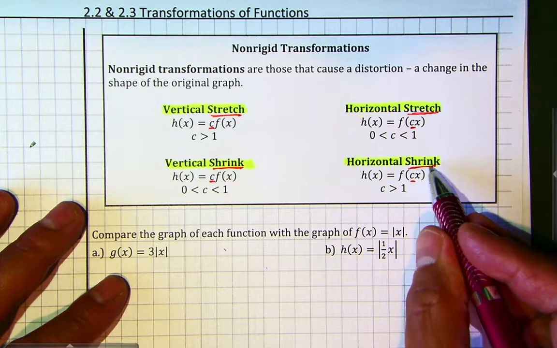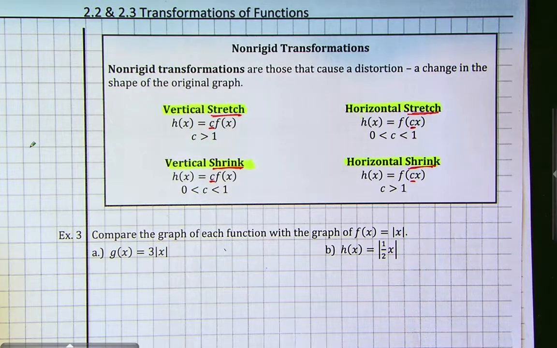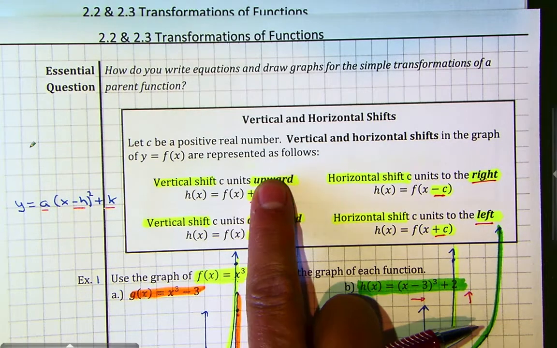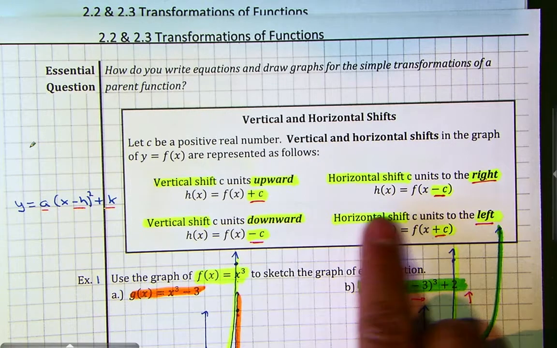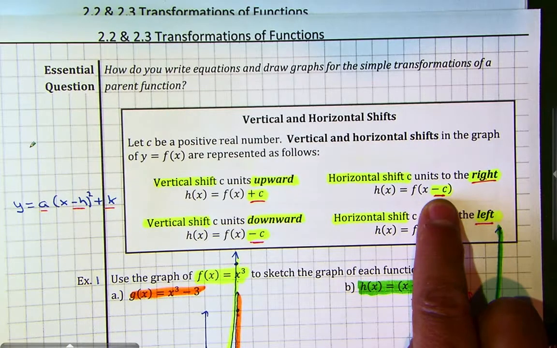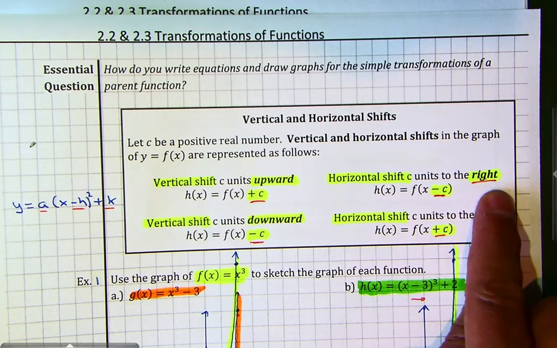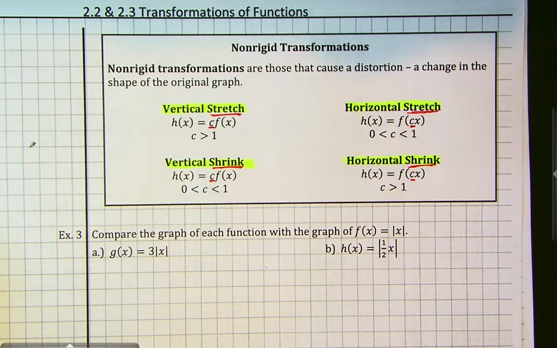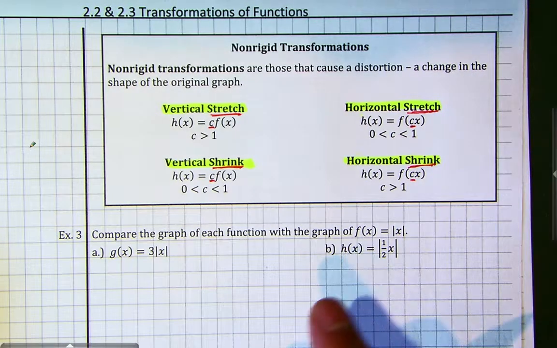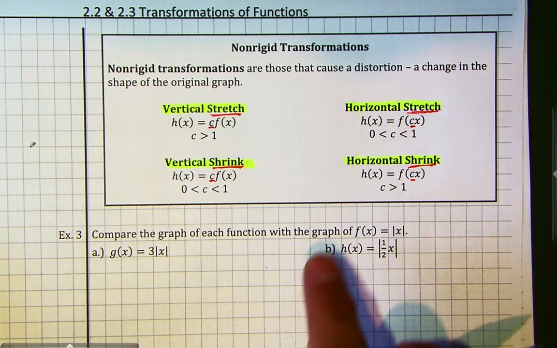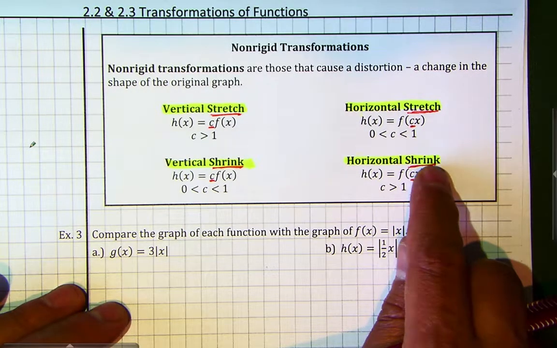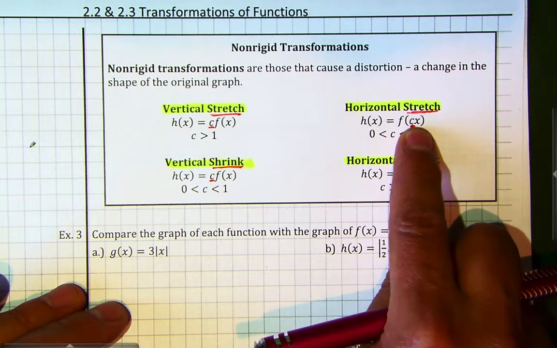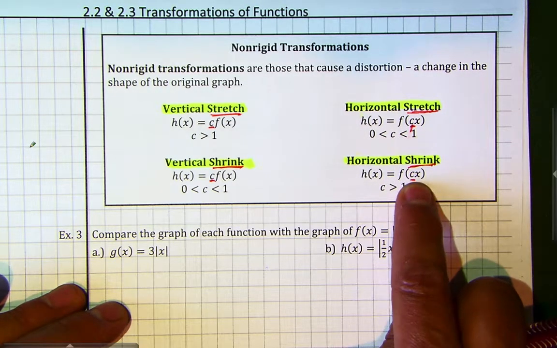Remember the one we talked about: outside, positive is up, negative is down. If it's inside, it's going to be the opposite. If it's negative, to the right, positive to the left. The same way it works in this part. If it's smaller than 1, it's going to be a stretch because it's going to be the opposite. And if it's bigger than 1, it's going to be a shrink.